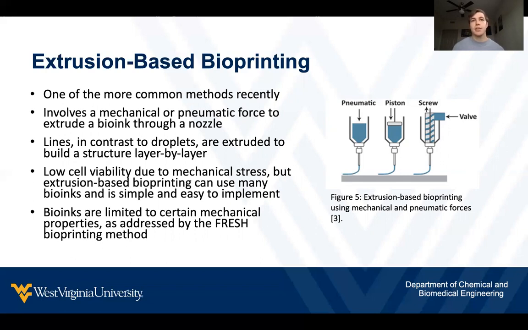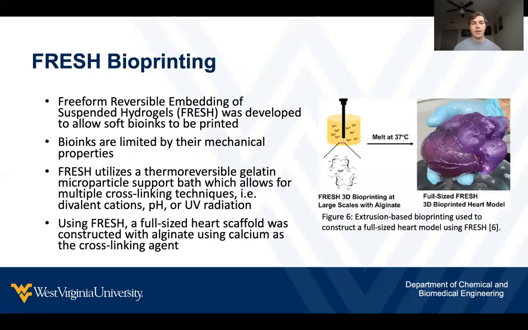So one of the methods that has been developed recently at Carnegie Mellon is known as FRESH, and it looks to mitigate these problems and address the mechanical properties of the bioink. FRESH bioprinting stands for freeform reversible embedding of suspended hydrogels, and it was developed to allow these soft bioinks to be printed.